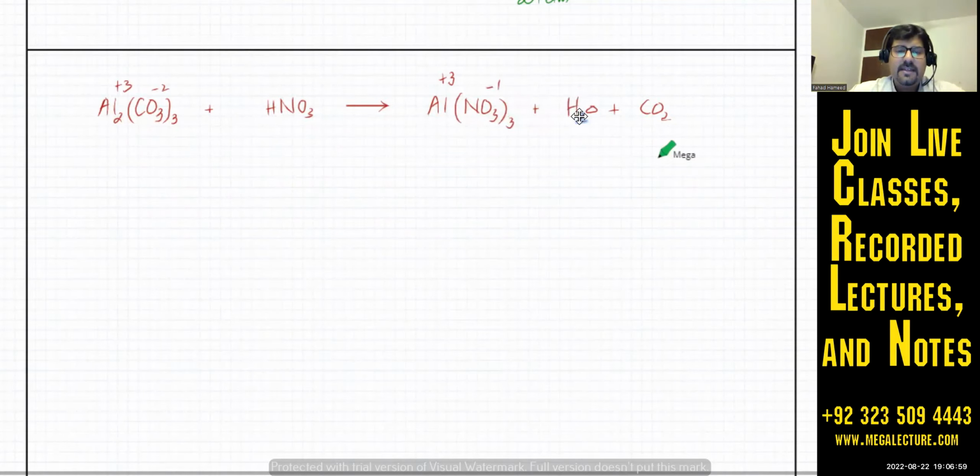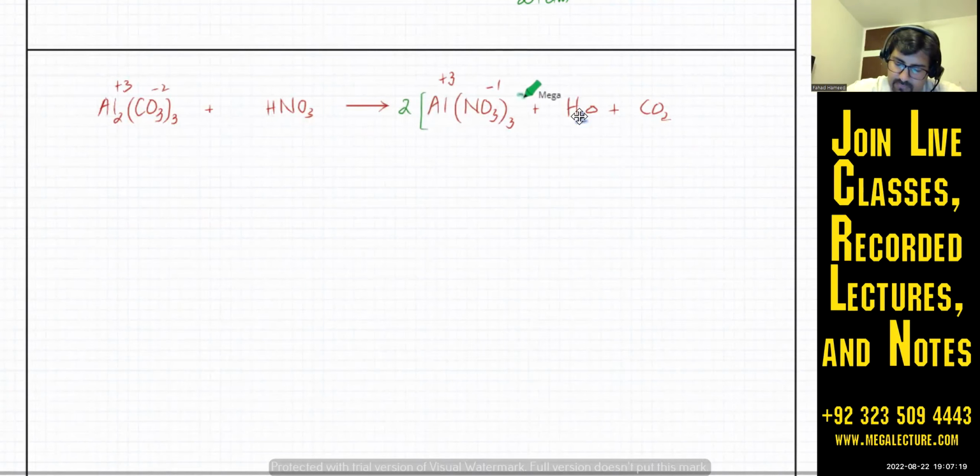Anyways, we have the equation now, and I need to balance the equation. If I try to balance this equation, Al will be twice, because there are two Als on the other side. Easy ones first. How many N's do I have?